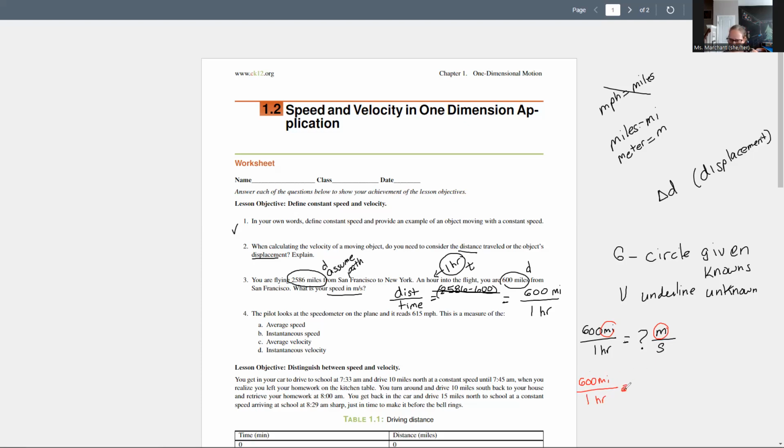Okay, and first conversion, I want to go from miles to feet. That's what's on my conversion sheet. 5280 feet are in 1 mile, and now I've canceled off the miles. Feet, from feet, to inches. In 1 foot, there's 12 inches.